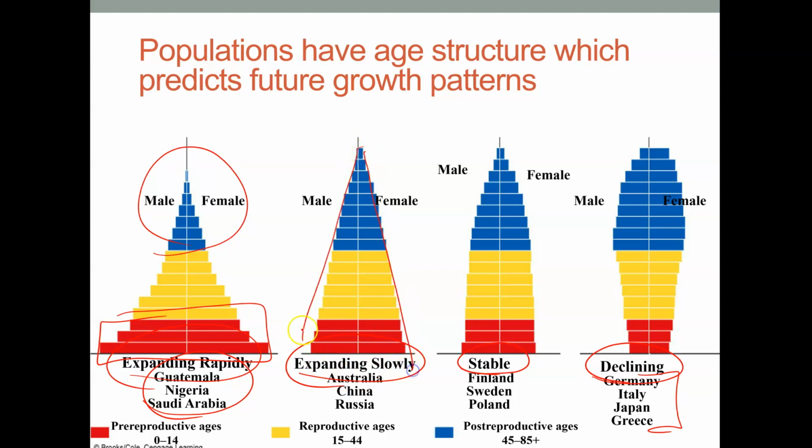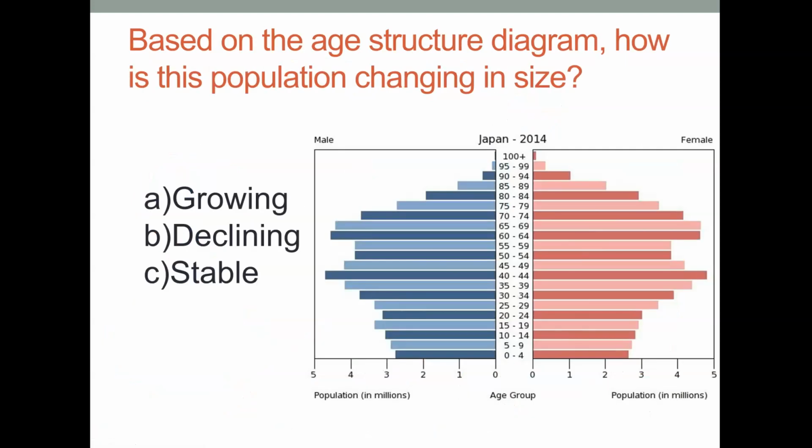So we don't see large bulges in the age structure. And then, of course, we have lots of populations that are staying relatively stable as well. I think if we had to predict where the United States is, we would be in this chunk. So is this population growing, declining, or stable?